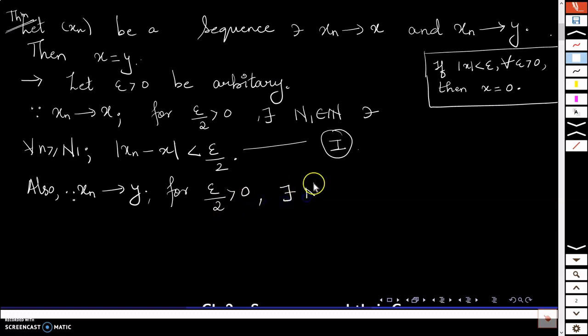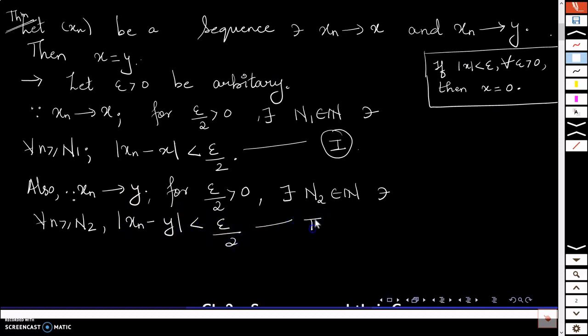I can find one more natural number, I will call it n2 in this case, such that for all n bigger than or equal to this n2, the difference between the sequence and the limit, xn minus y, is less than epsilon by 2. I will call this statement number 2. So I have the estimate of xn minus x and I also have the estimate of xn minus y.